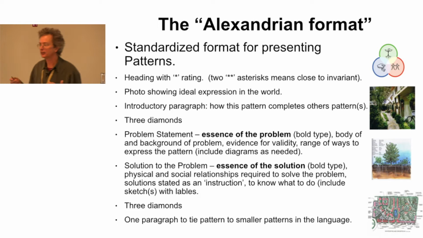And if you don't get any, it means that you're compelled to include it somehow, but there's a lot more work to do in terms of finding that quality without a name, or expressing that quality when that pattern is implemented. Then there's a photo, then there's paragraphs, and essentially what he does is state the problem.